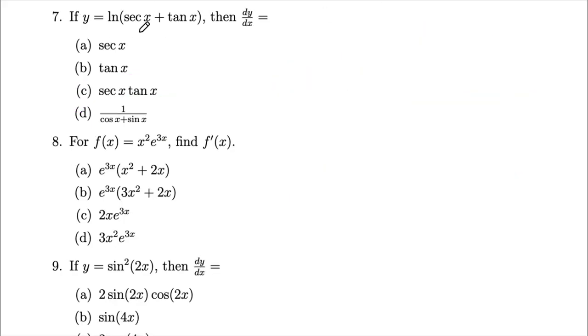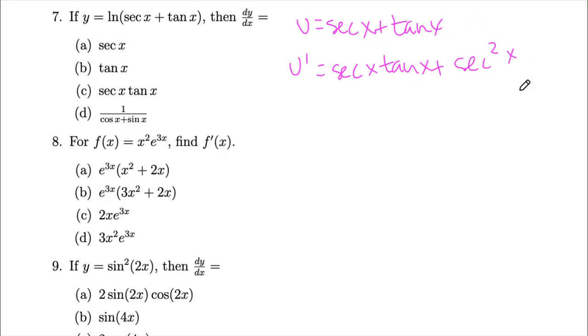Okay, so once again for this problem, we have a chain rule problem. We have a composite function here. So first things first, we're going to set u equal to secant x plus tangent x. Then we're going to get u prime by taking the derivative of that. So the derivative of secant is secant x tangent x. And the derivative of tangent is just secant squared x.